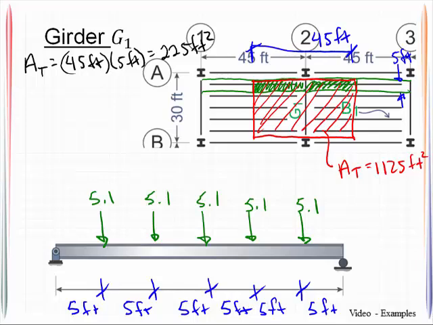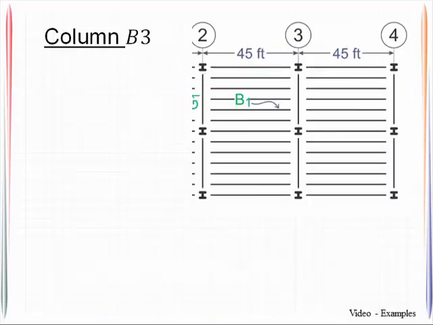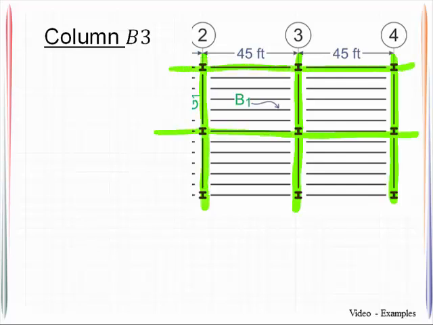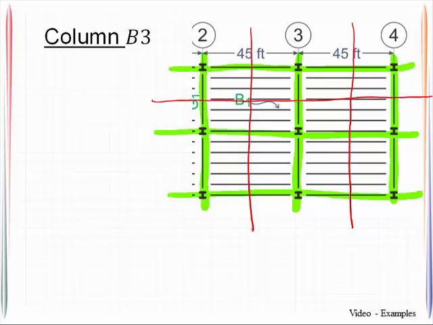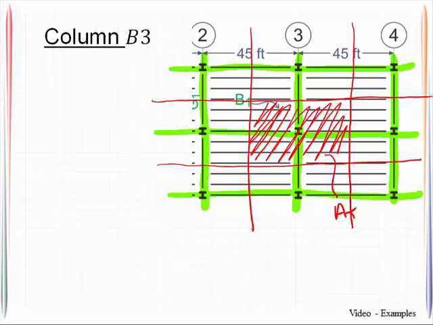To finish this example out, we still need to look at the load that is on column B3. I'm going to delineate the column lines. Column lines are the lines where the columns are located. And to get the tributary area for that, we will draw dividing lines halfway between the column lines. The tributary area for column B3 is delineated by those lines.